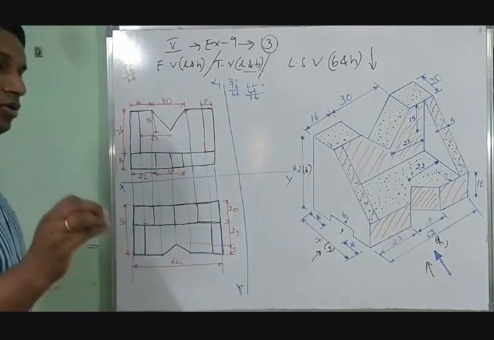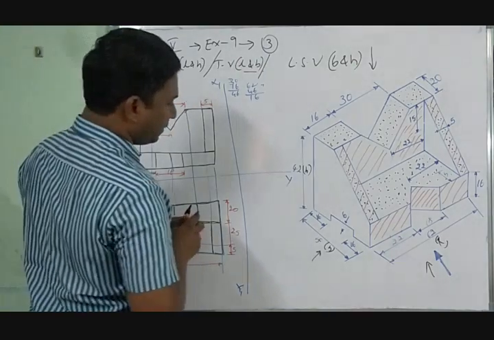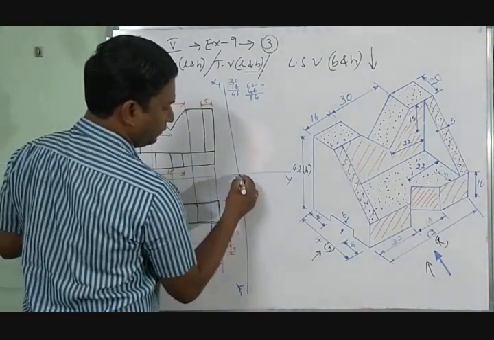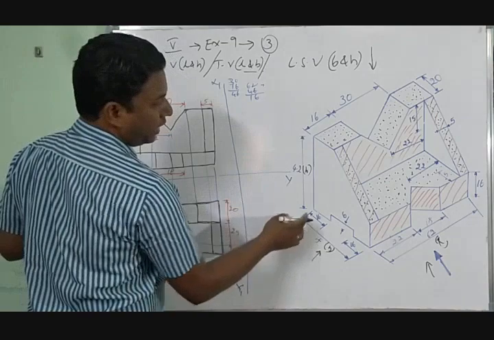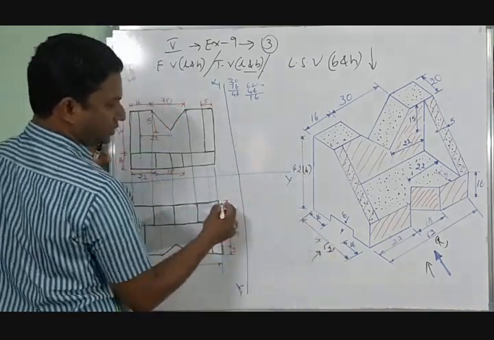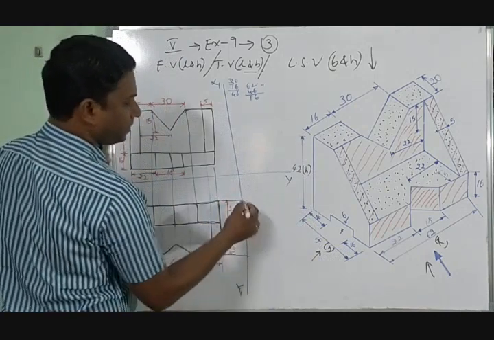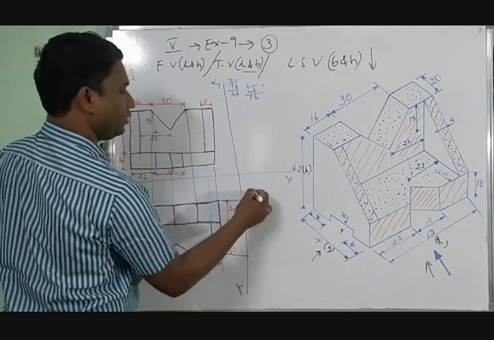Now I will try to draw again the hidden lines. See, for this purpose what we are supposed to do? From here, height 42, right, and again breadth 50, box. For this, try to draw the lines of 50 from here.